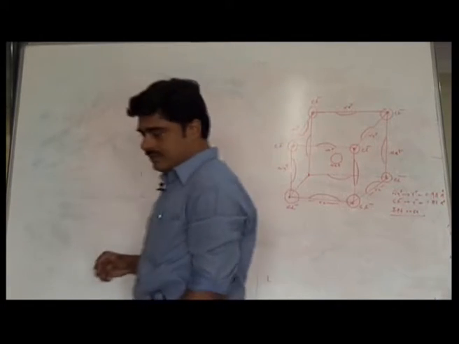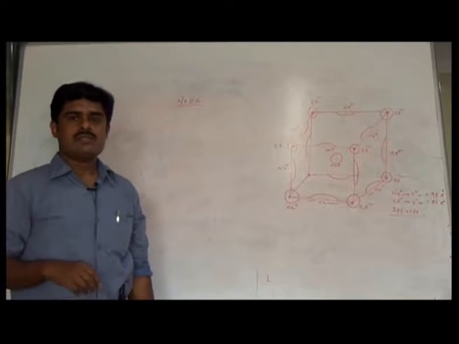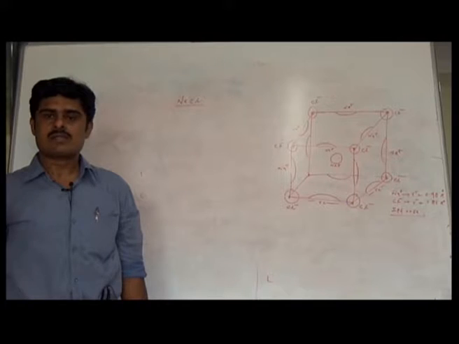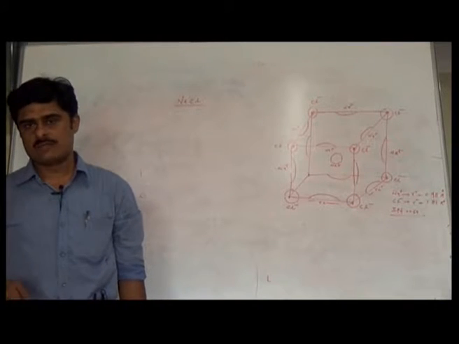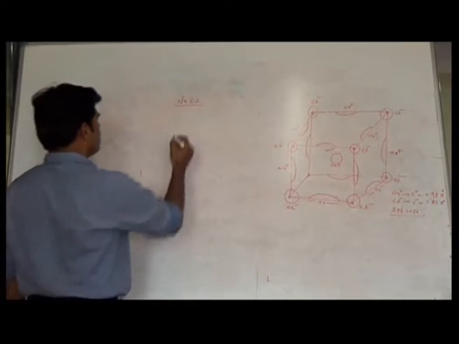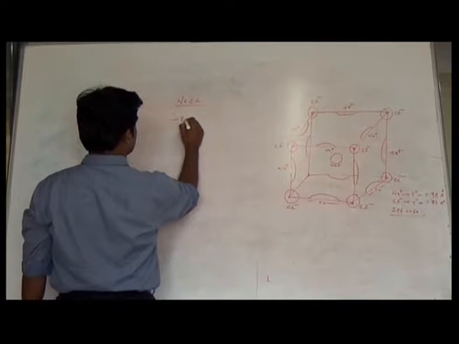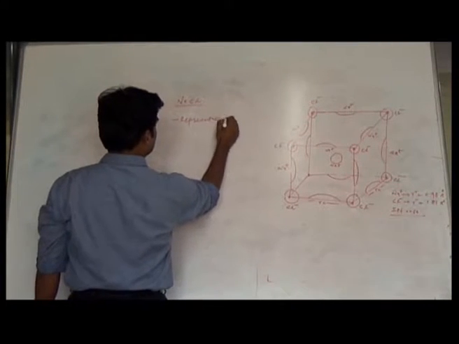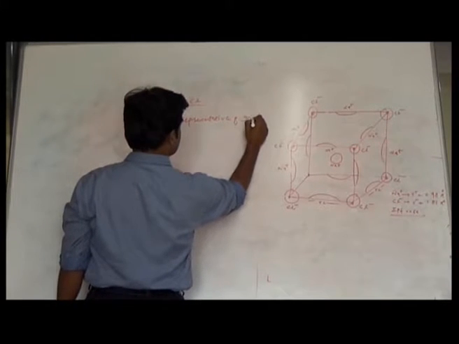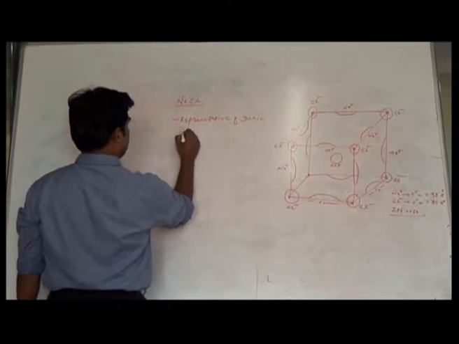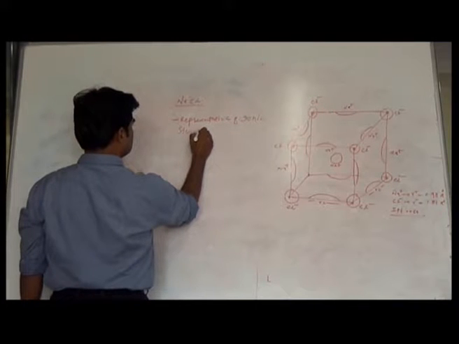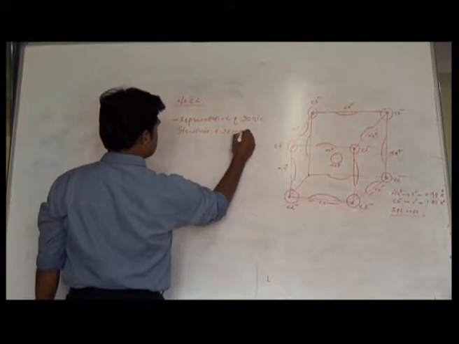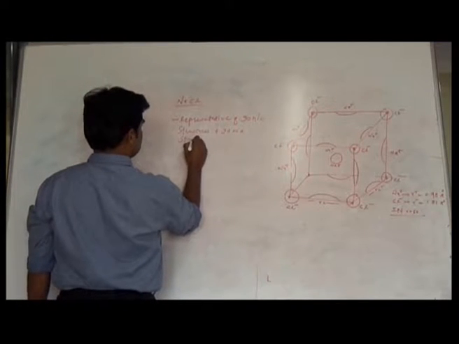Now, second, sodium chloride is a general representative example of ionic structures and their configurations, and of ionic structural interactions.